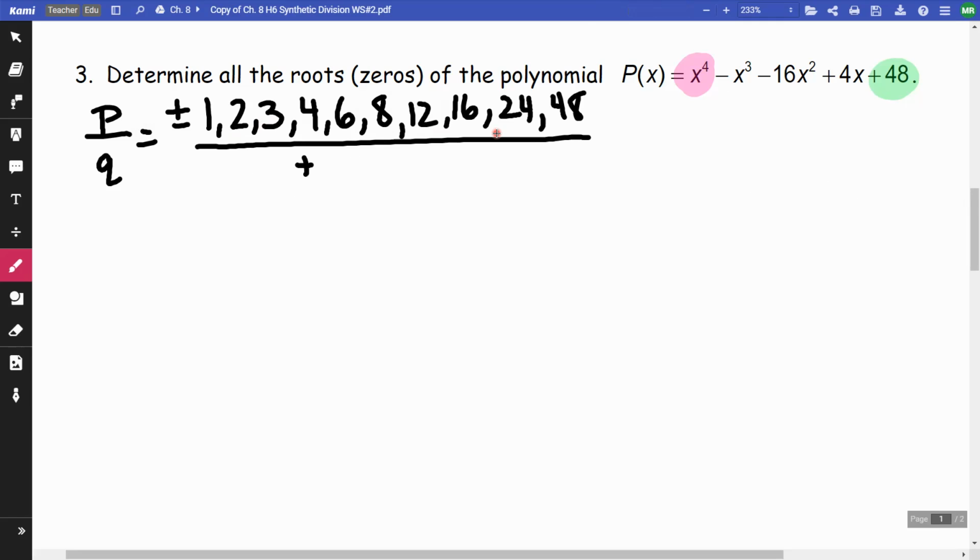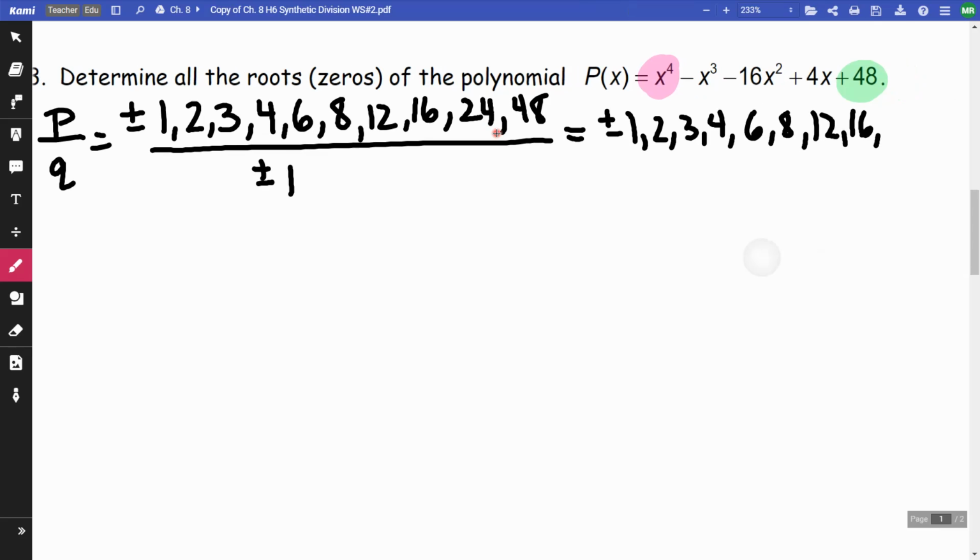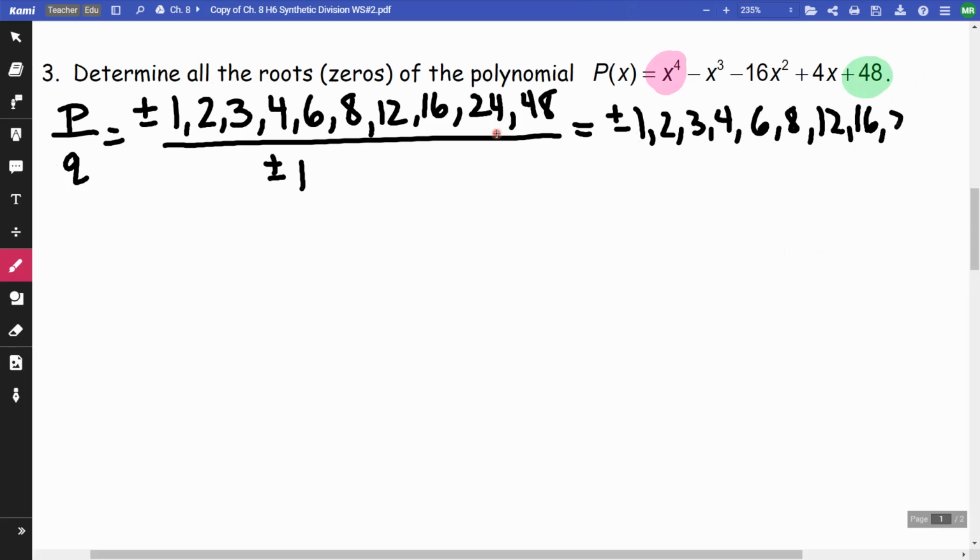And again, it's all over plus or minus 1. When I put them all over positive or negative 1, again, I get all integers. All of them are going to be positive and negative, but I'm just going to list them: 1, 2, 3, 4, 6, 8, 12, 16, 24, and 48, and the negatives.